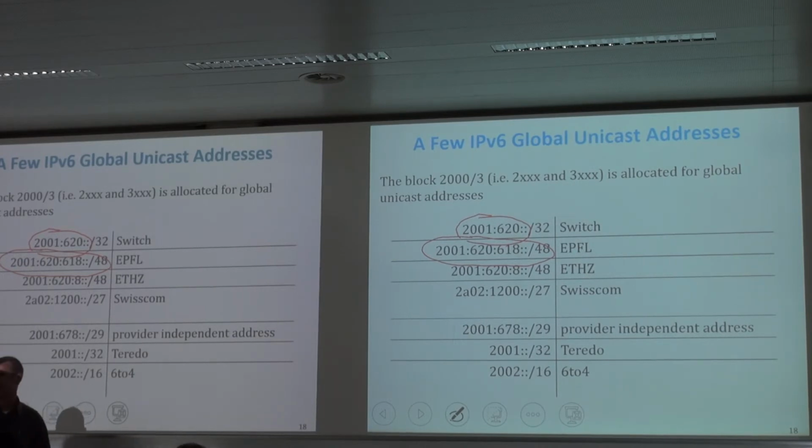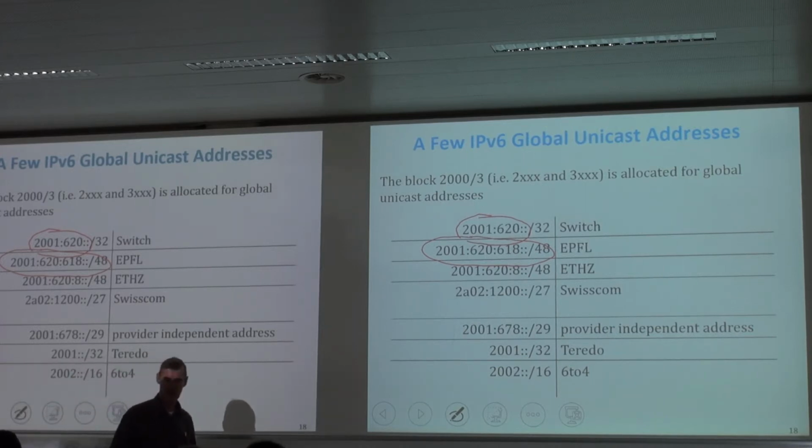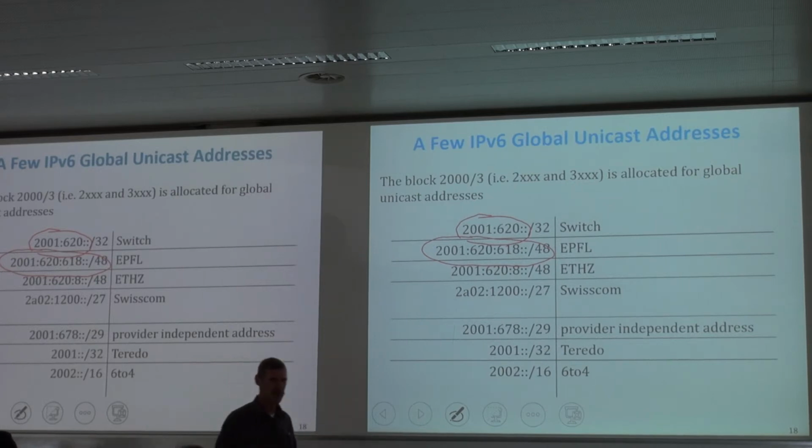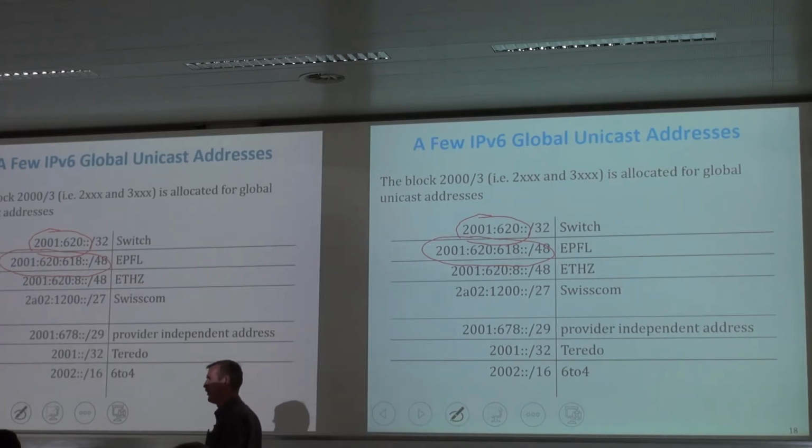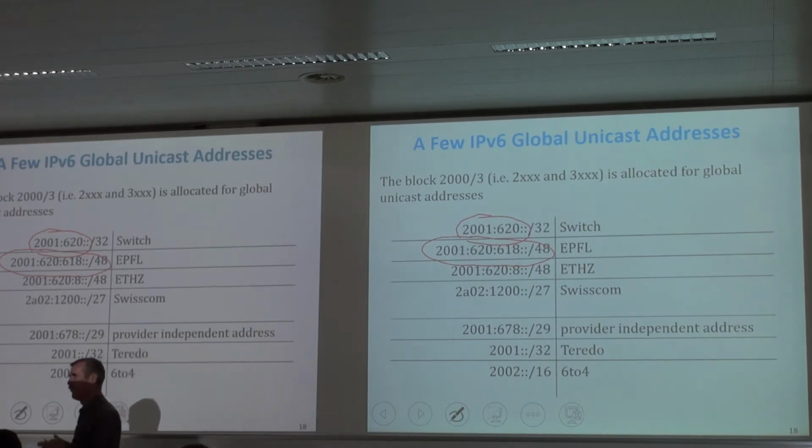Can the same thing be applied to countries? Two countries can be assigned some... No. So the question is whether there is a block of IPv6 addresses allocated to a country. The answer is no, because there's no concept of country in IP addresses. There's the concept of providers, of organizations that give the service.